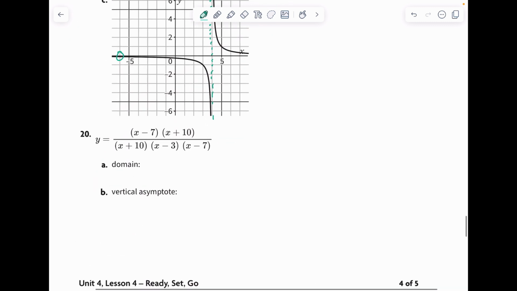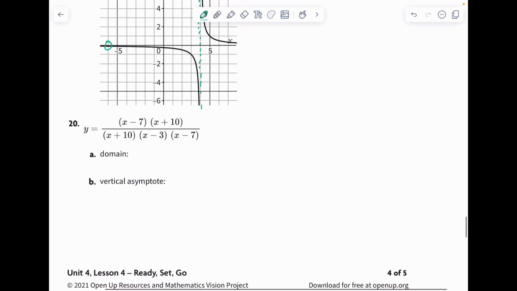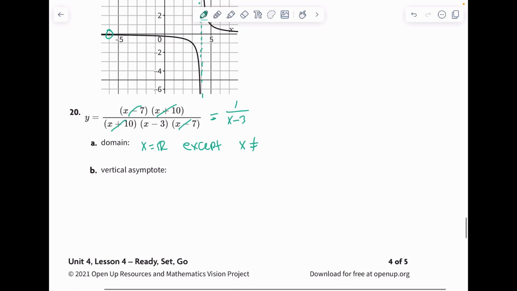Okay, perfect. Okay, so now we have that this is going to be equal to, this goes away there, this goes away there, left 1 over x minus 3. So my domain, again, x is equal to all real numbers, except x cannot equal negative 10, 3, or 7.